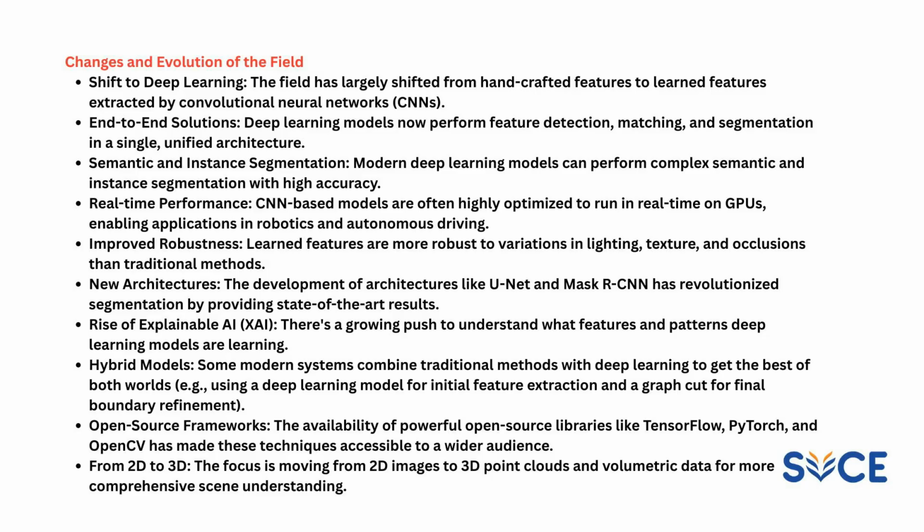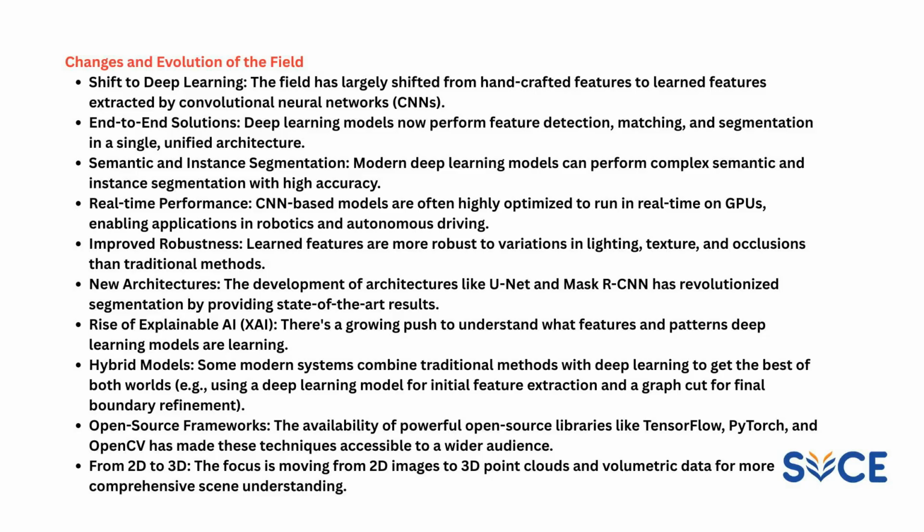Today we train CNN models, convolutional neural networks, on massive datasets, and they learn what useful features are on their own. The networks automatically discover a hierarchy of features, from simple edges in the first layer to complex objects in the deeper layers.